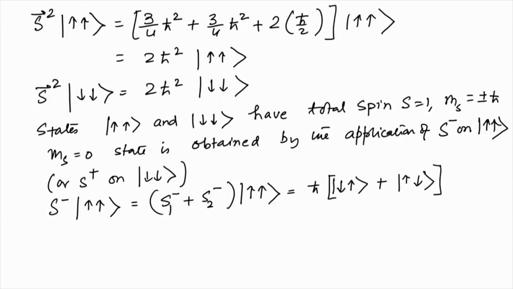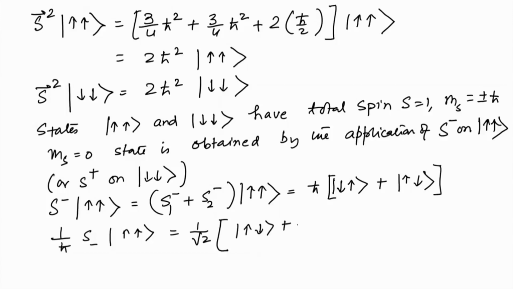And so, 1 over H cross S minus up is nothing but 1 by root 2, which comes as a normalization factor, up down plus down up.